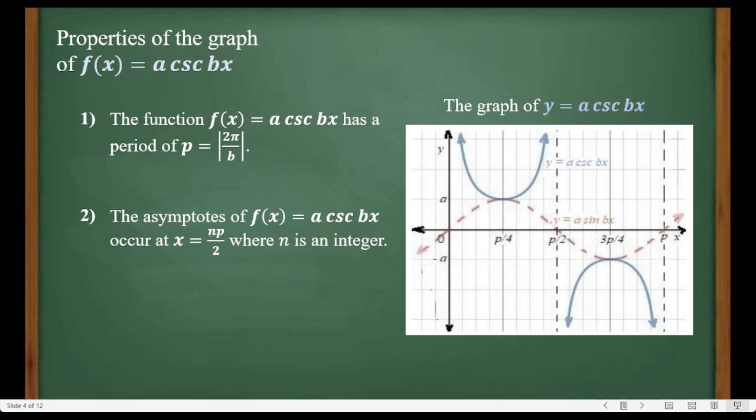And the asymptotes of this function happen at x coordinates, and these coordinates can be determined by this formula: x equals n pi over 2, where n is an integer. Now let us have some examples about graphing the function y equals 3 cosecant of 2x.